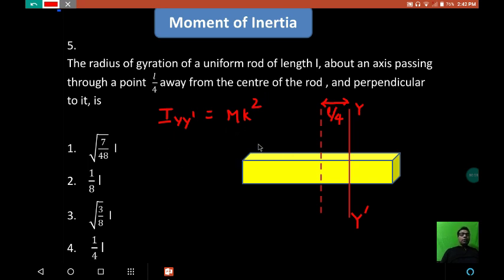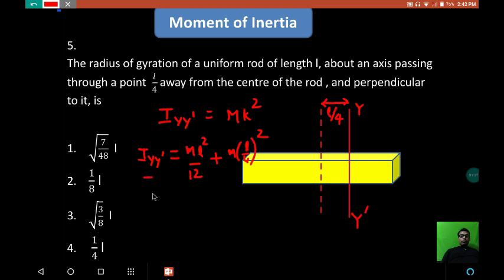Now putting in the parallel axis theorem, as it is shifted parallel by L by 4, what will be the equation? I y dash is equal to m L square by 12, that is the moment of inertia of the rod, plus m times L by 4 whole square.